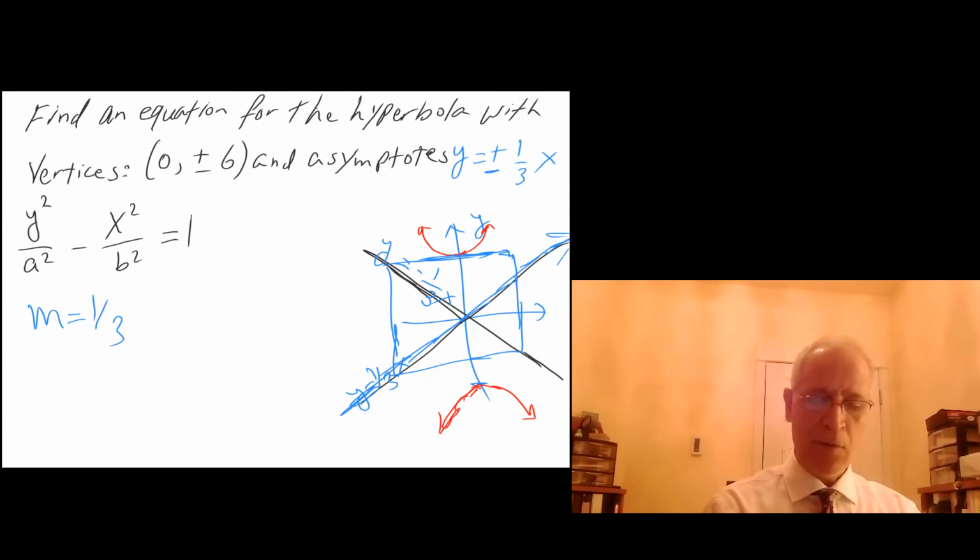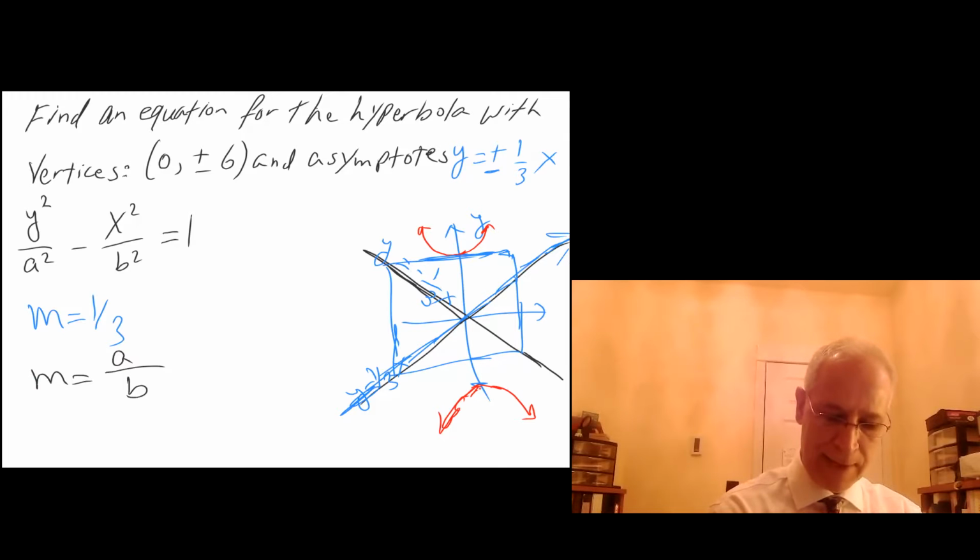What does that mean? That means that I know also that m equals a over b. So here I have m as 1/3 equals, what else do I know?